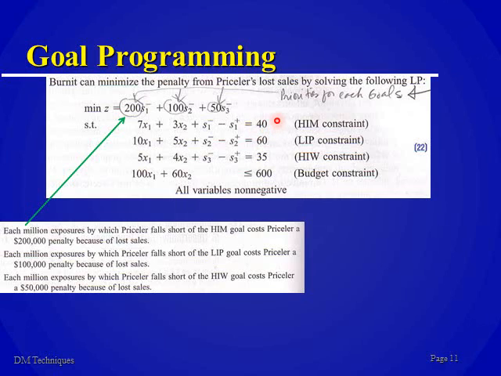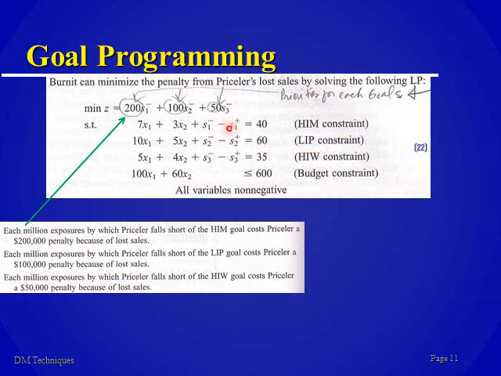What we want to penalize is the amount of units that we are under, not over, because if the solution results in, I don't know, 50,000 people, you won't have an issue with that. You only have an issue if the solution results in the ads being seen by less than that. So that's why in the objective function we are only including for goal number 1 the S sub 1 negative, because you're not going to penalize any S sub 1 plus.